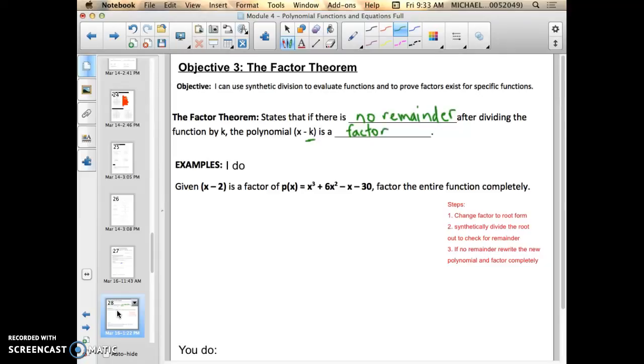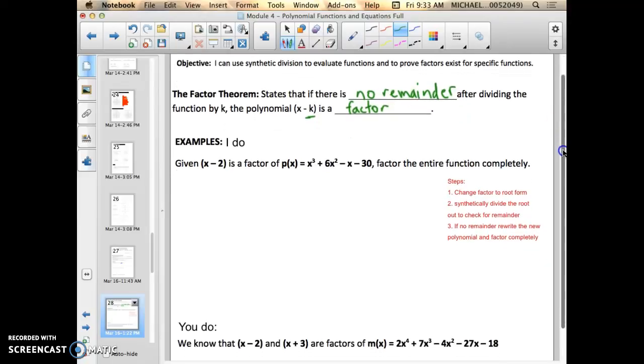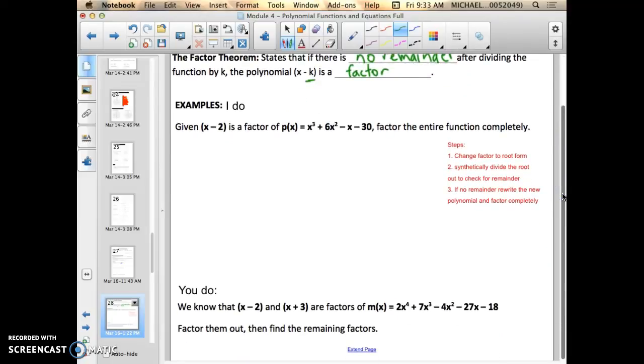More straightforward: if you divide out the factor from the polynomial and you get a remainder of 0, then you know that it is indeed a factor. Same as the remainder theorem, if you divide out the value of x and you get a remainder of 0, then you know that x is a root. Let me show you what I mean by this.